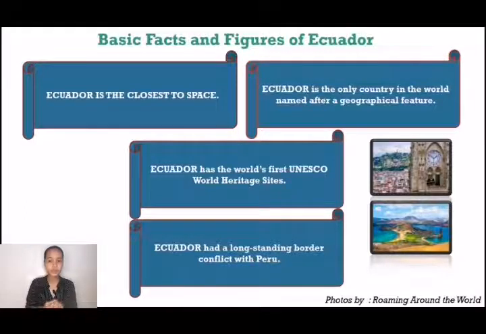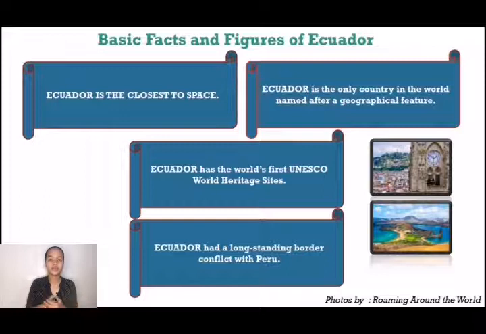Next, Ecuador has the world's first UNESCO World Heritage Site. At the first UNESCO World Heritage Conference in 1978, 32 sites were in the inaugural list. Each World Heritage Site has a number, and site number 1 is the Galapagos Islands, and number 2 is the city of Quito.